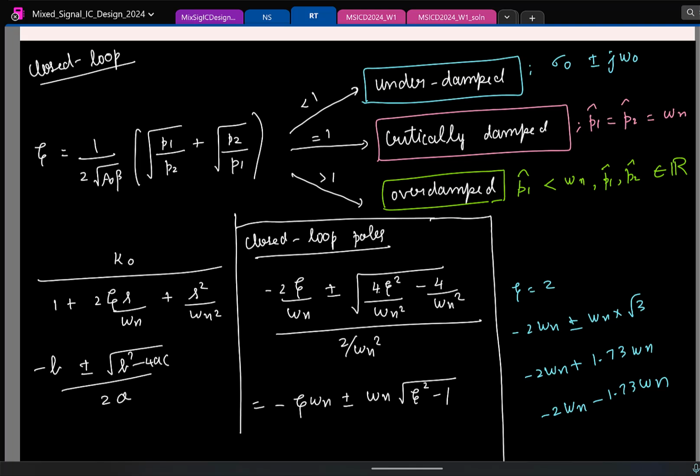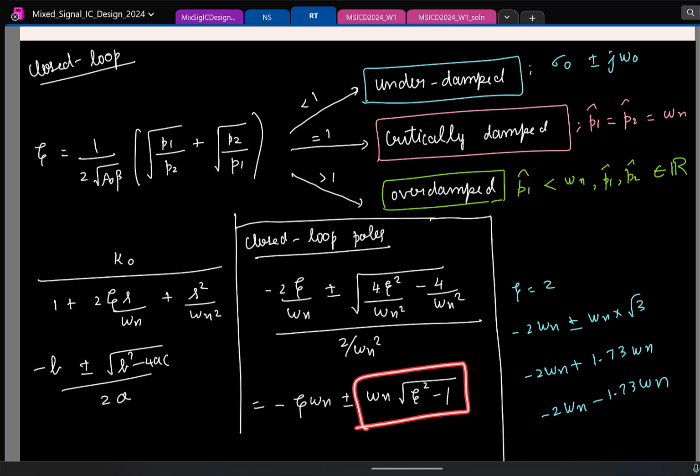And also for this case, I have sigma naught and omega naught. So this is the real part, this is the imaginary part. Again, the magnitude of sigma naught, do you think it is greater than omega n or smaller than omega n? Real part sigma naught is just zeta omega n. My zeta is less than 1, that is smaller.